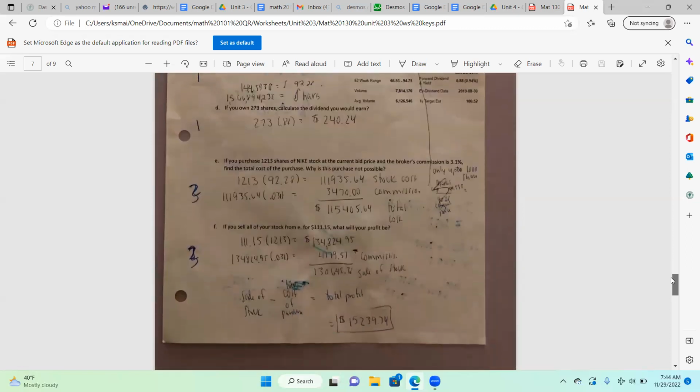And then question E says, if you purchase 1,213 shares of Nike stock and the commission for the broker is 3.1%, what is the cost of the purchase? So we have the cost of the stock here, and then the cost of the commission at 3.1%. The total cost of purchasing that stock would be $115,405.64.